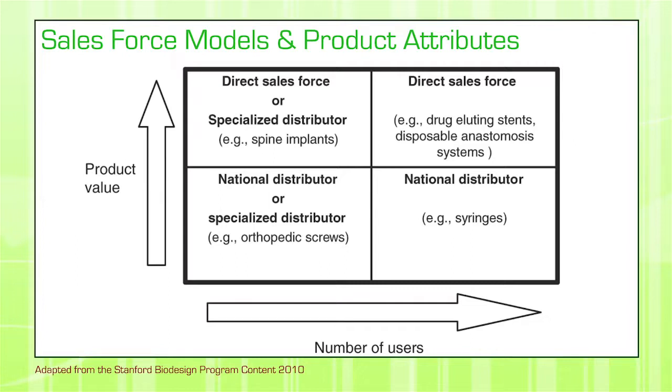That's going to depend on the product value. If the product value is low, then the national distributor sales force model is the one to follow. At the end of the day, it suffices to say that direct sales forces are specifically tailored for products of great value, and national distribution systems are tailored for products of low value.